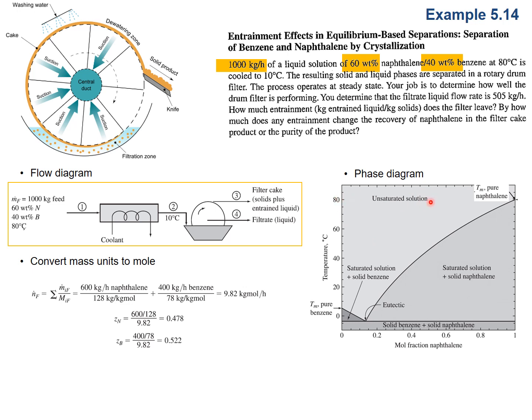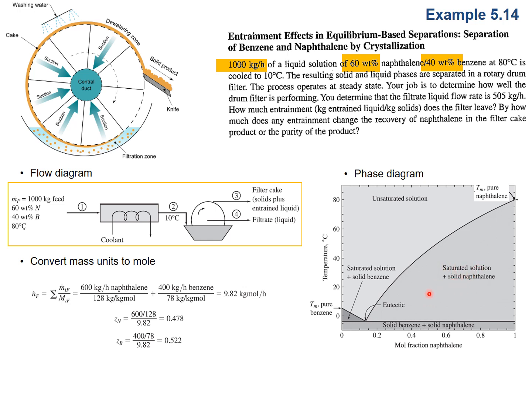At 80 Celsius degree, we are around here, and this point is in the single phase region, having an unsaturated solution of naphthalene in benzene. However, when this point goes down to 10 Celsius degree, you would have a saturated solution plus solid naphthalene.